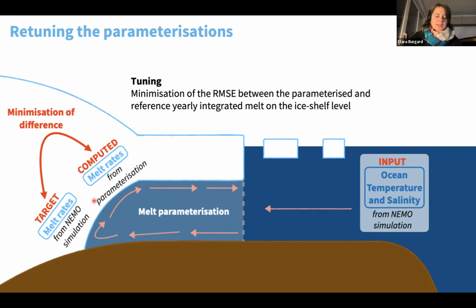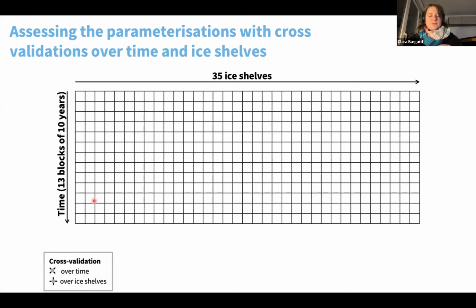Okay, but tuning and evaluation also might depend on what we use for tuning and what we use for evaluation. So instead of just tuning on one part and evaluating on the other part, we do cross-validations over time and ice shelves, which means that we divide the data set into 35 ice shelves and into 13 blocks of 10 years. This is to avoid autocorrelation if we do it year by year.